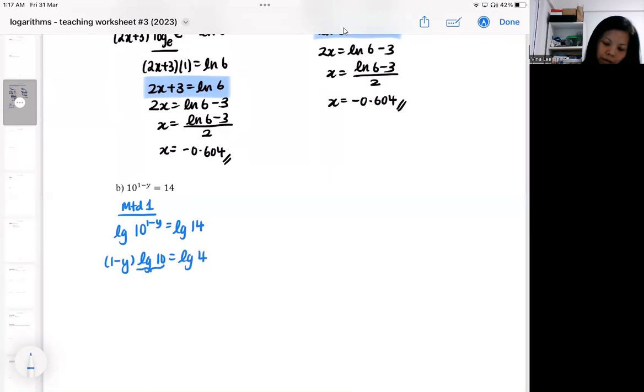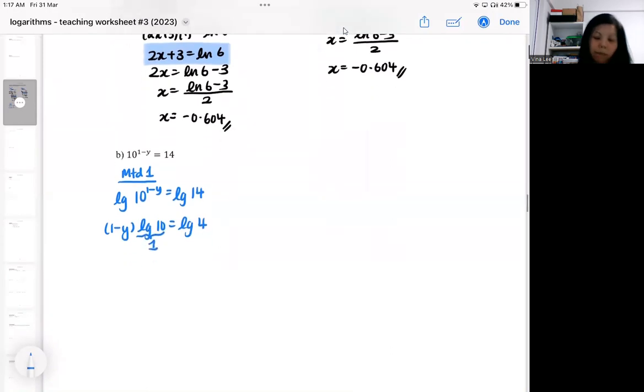And this part is a value 1. You can punch the calculator or you can see it as log 10 of 10. So you get this. Then y will be this value.